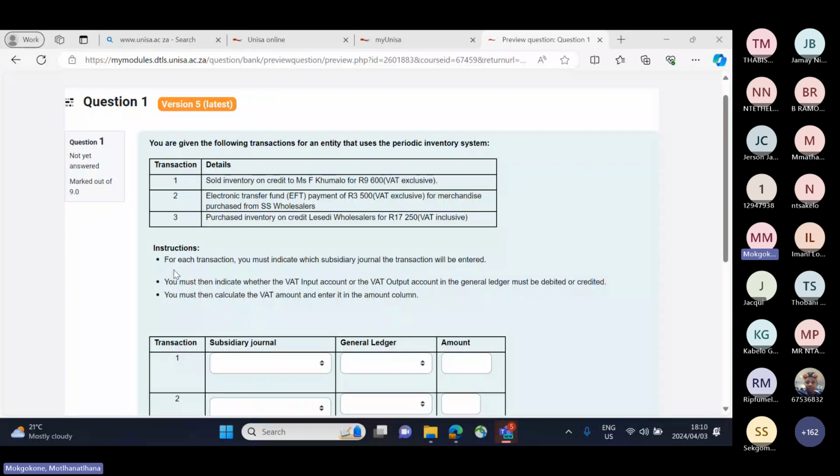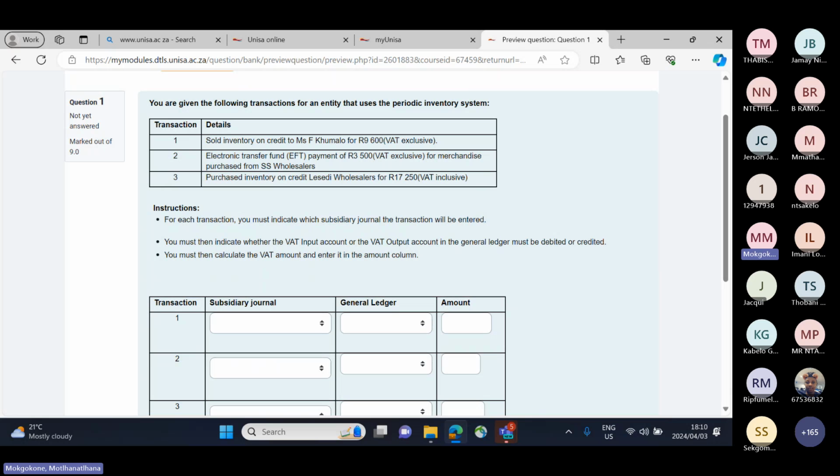You must tell us which one. Second, you must indicate whether the VAT input account or the VAT output account in the general ledger must be debited or credited. And last, you must calculate the VAT output and enter it in the amount column.